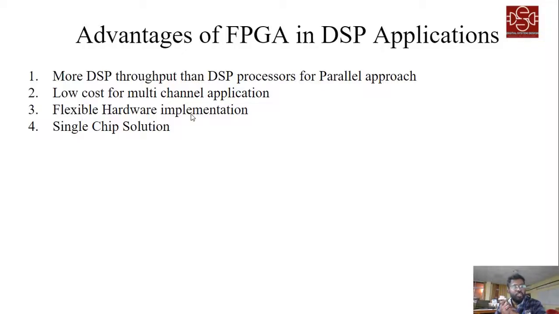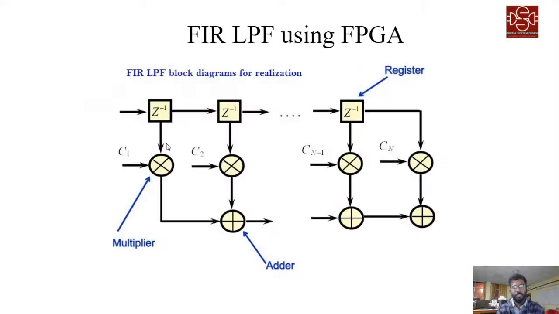It is also low cost for multi-channel applications where DSP processors are not. The hardware and implementation are obviously very flexible for the FPGA because you can configure it using Xilinx or other tools, Vivado. And a single chip solution is always provided by the FPGA.